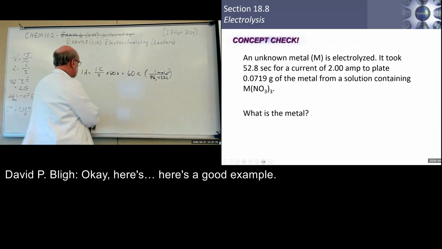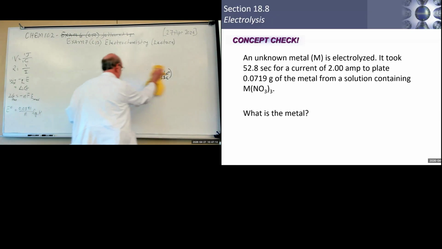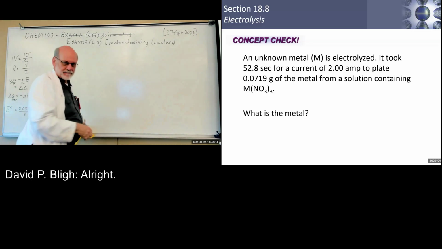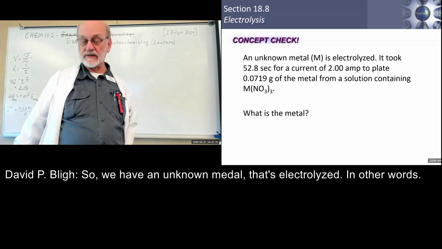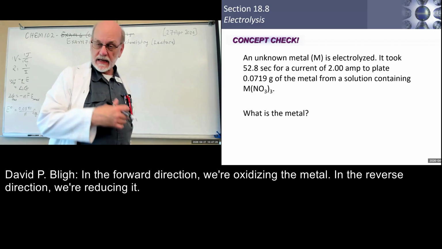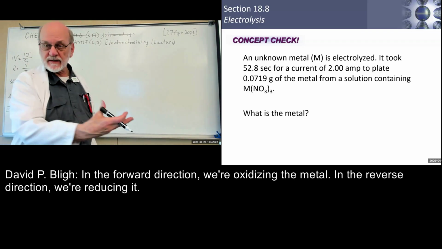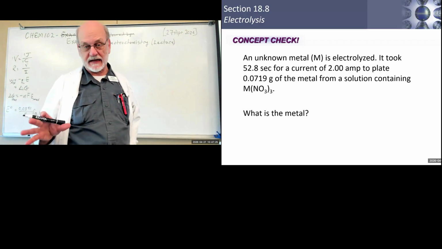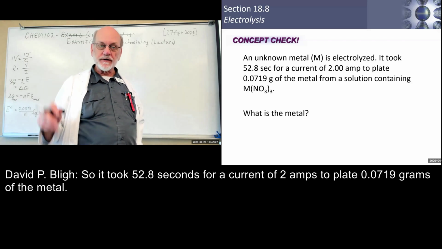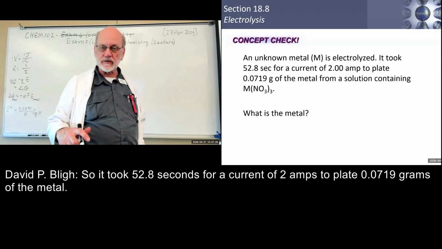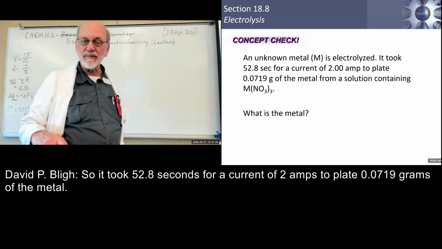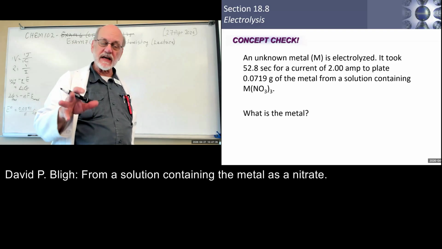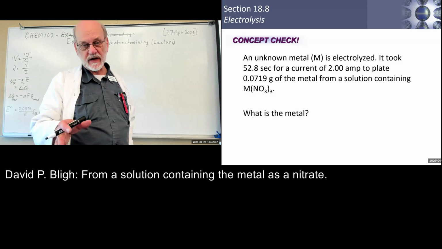Okay, here's a good example. All right. So we have an unknown metal that's electrolyzed. In other words, in the forward direction, we're oxidizing the metal. In the reverse direction, we're reducing it. So it took 52.8 seconds for a current of 2 amps to plate 0.0719 grams of the metal from a solution containing the metal as a nitrate.